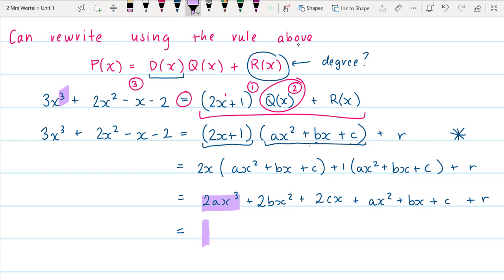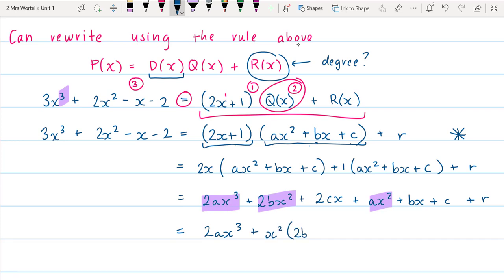This is the only one with a power of 3. So that just stays like that. Let's collect all of the ones that have a power of 2. I'm going to factorize at the same time. It's going to bring my x squared out.